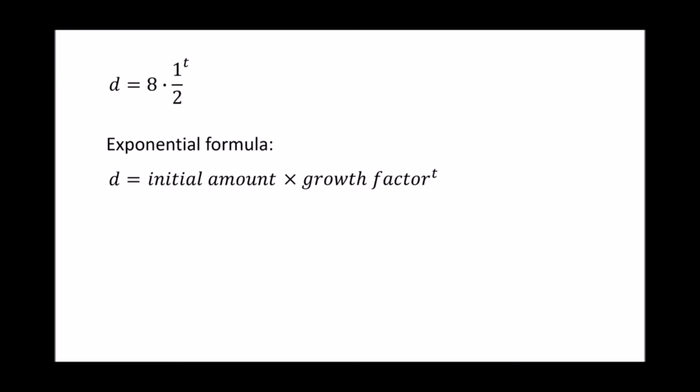And as we don't want to constantly write this out, we shorten that. Growth factor we write g. And initial amount, I'm sticking with what the book uses, which is a b for beginning amount. So d equals b times g to the power of t. B for beginning initial amount, g for growth factor. And that gives us our general formula for an exponential formula.